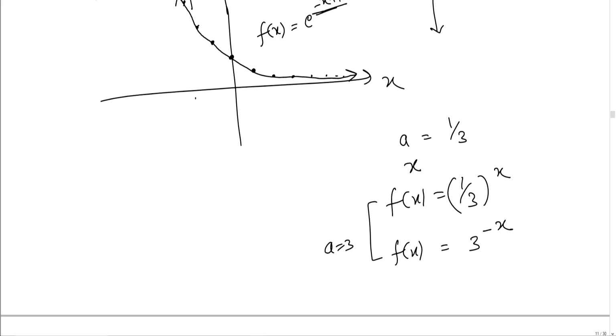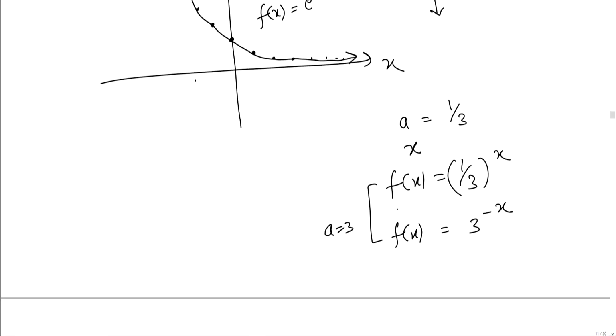We discussed the identities, the rules of exponents. The question is directly from there. What is the difference between 1 by 3 to the power x versus 3 to the power minus x? They are exactly the same, because 3 to the power minus x means 1 by 3 to the power x.